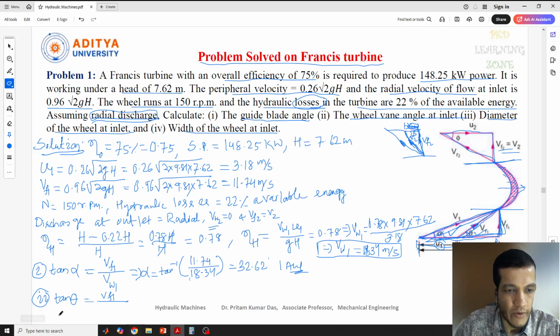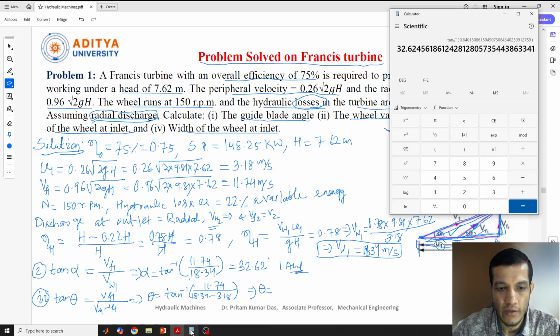So theta equals tan inverse of 11.74, the value of VF1, divided by VW1, 18.34, minus U1, 3.18. Now again we can find the value of this, so let's do one thing.